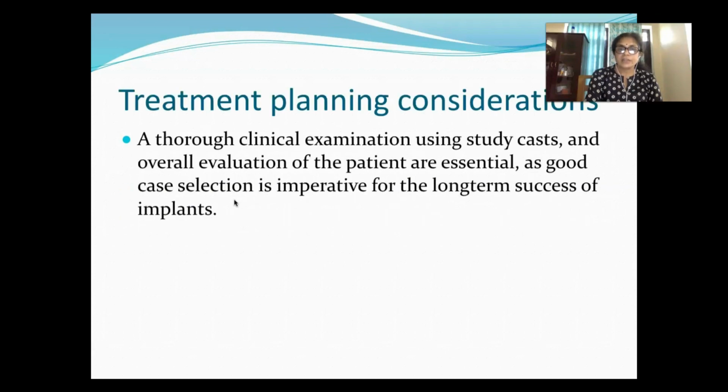Treatment planning considerations: a thorough clinical examination, usually study casts, and overall evaluation of the patient are essential. Good case selection is imperative for the long-term success of the implant.